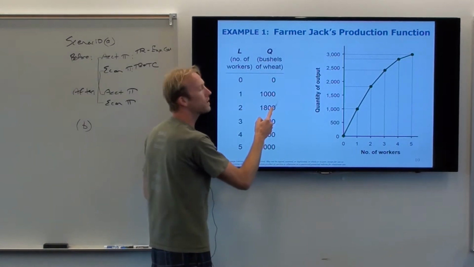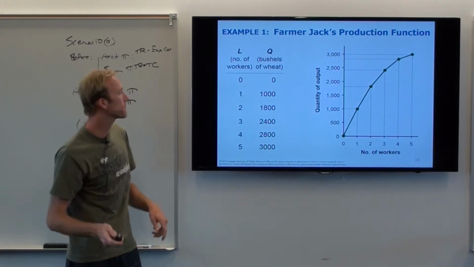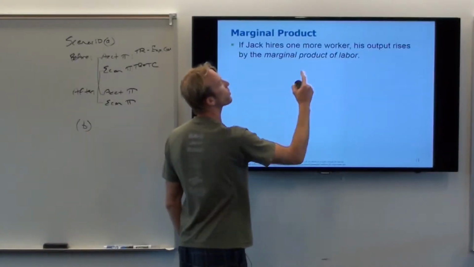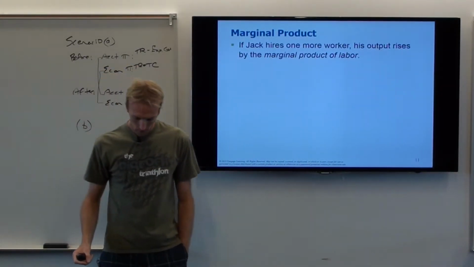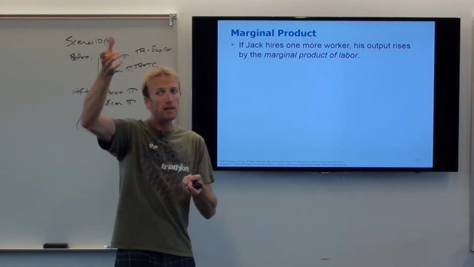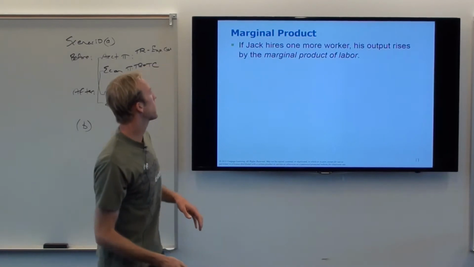We're going to call that the marginal product of labor. The marginal product is just how many more total products than the last time. Does that make sense?